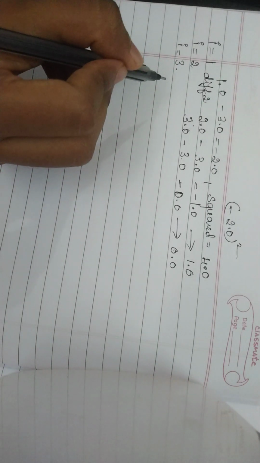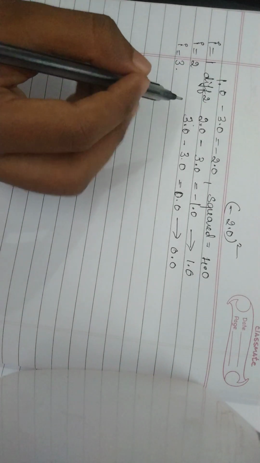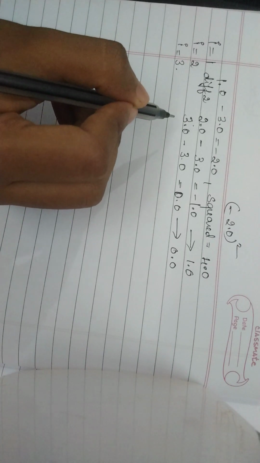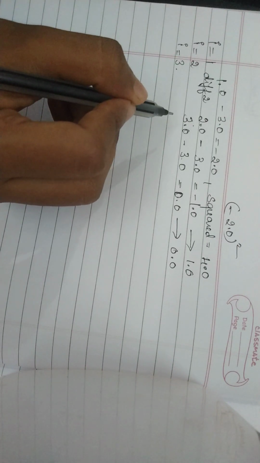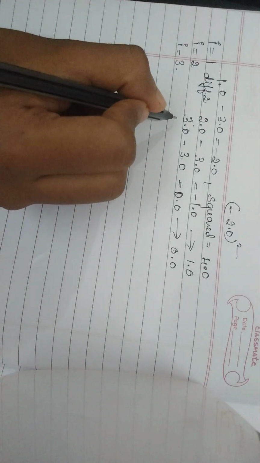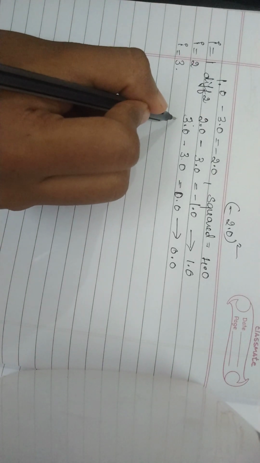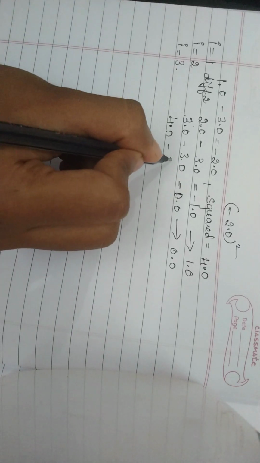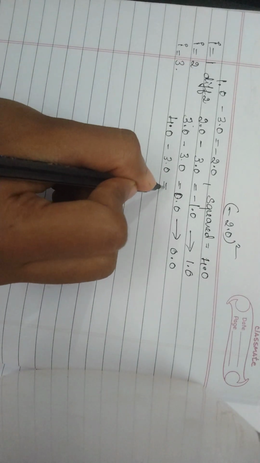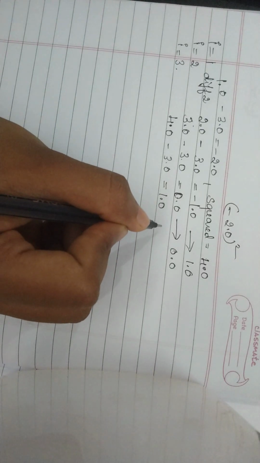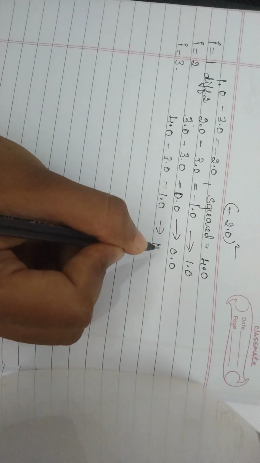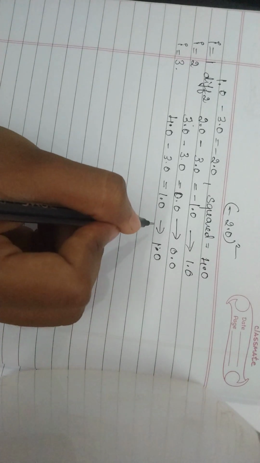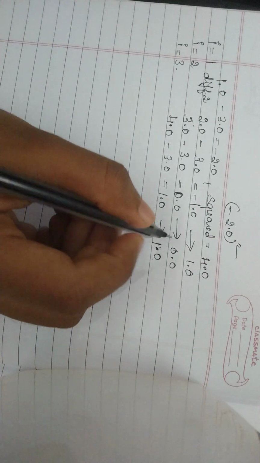In the 1003 place we have 4.0, and 4.0 minus 3.0 gives 1.0. The square of 1.0 is 1.0 only.